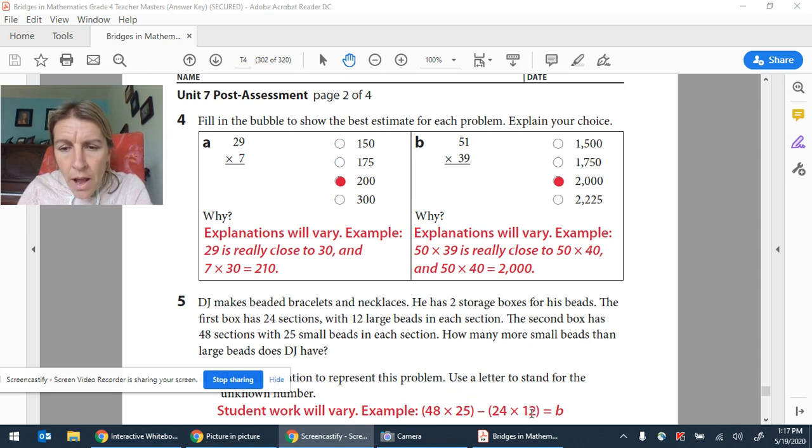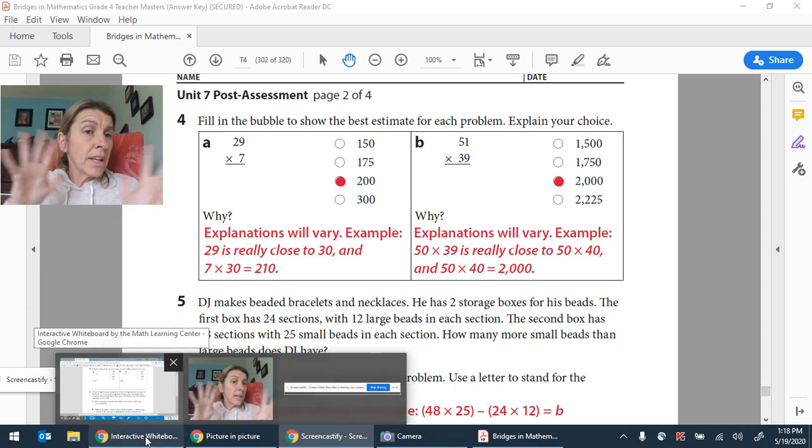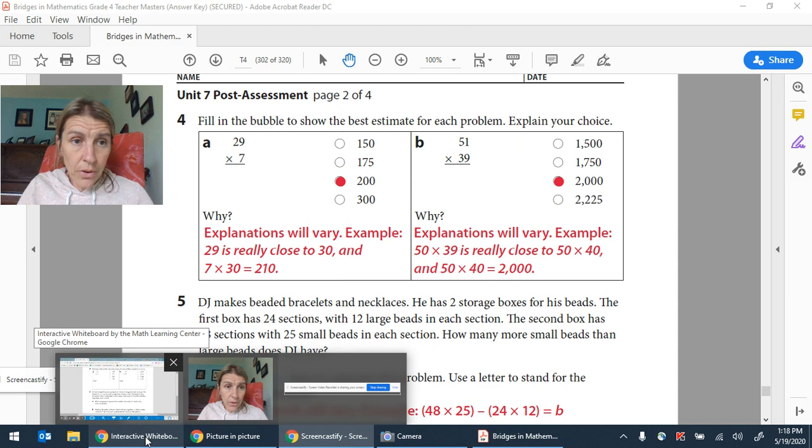This 24 times 12, this will tell you how many large beads. 48 times 25, that tells you how many small beads. And then look at the subtraction, then you have to find the difference. So parentheses, that's what you have to solve first. So figure out the product here, figure out the product here, and then subtract the two answers. And that tells you how many more small beads than large. So now you can kind of see if you got the formula right for it.